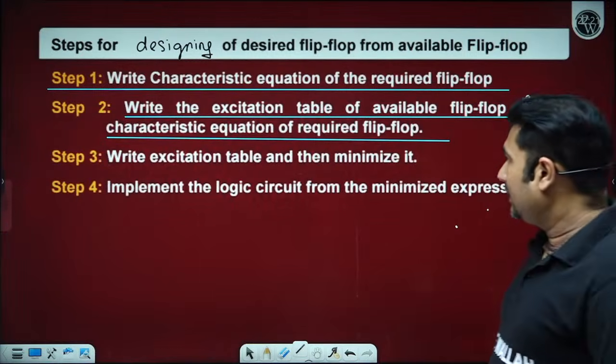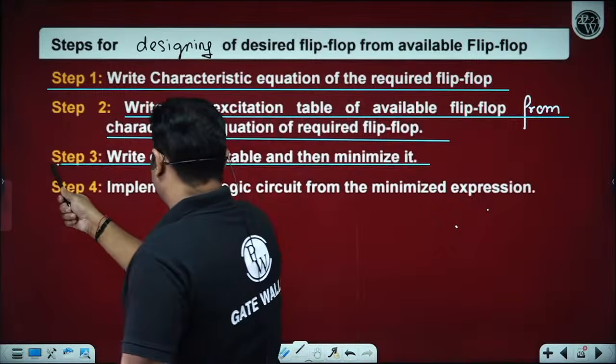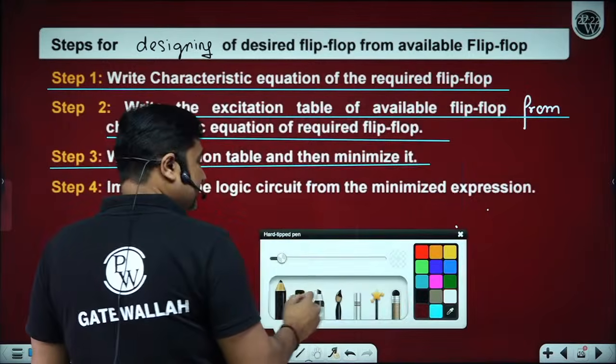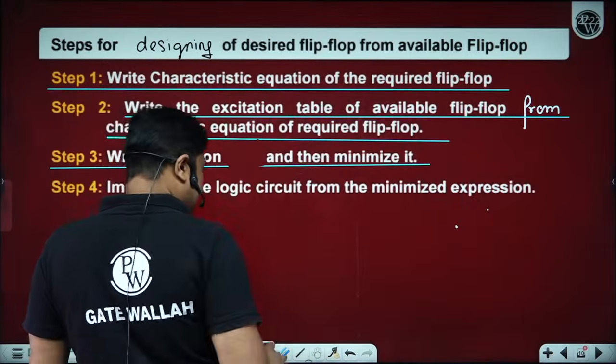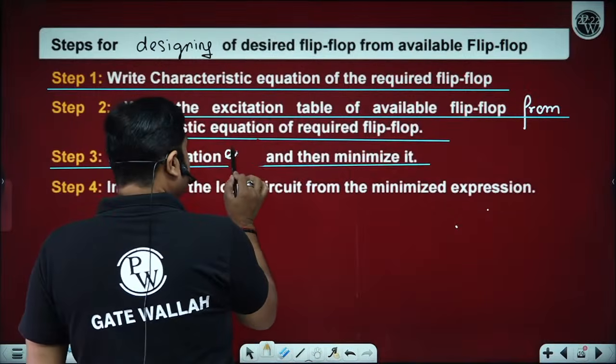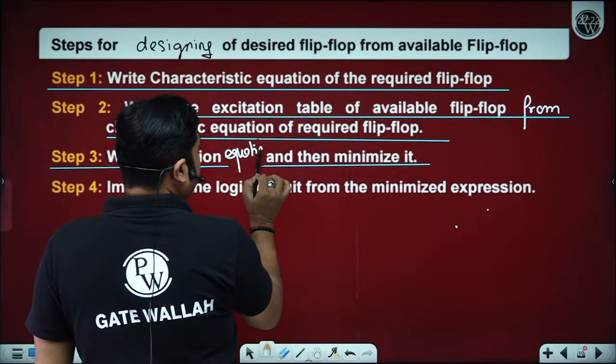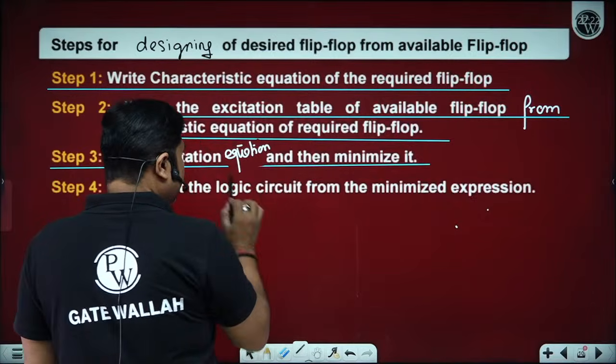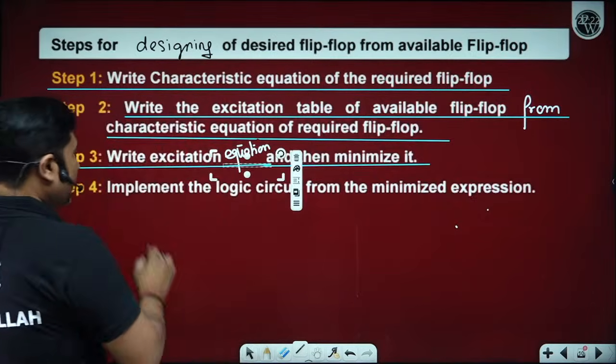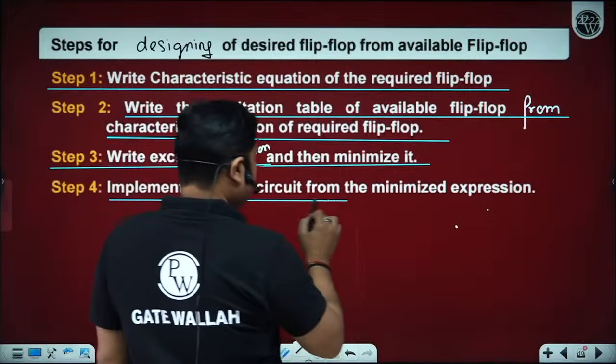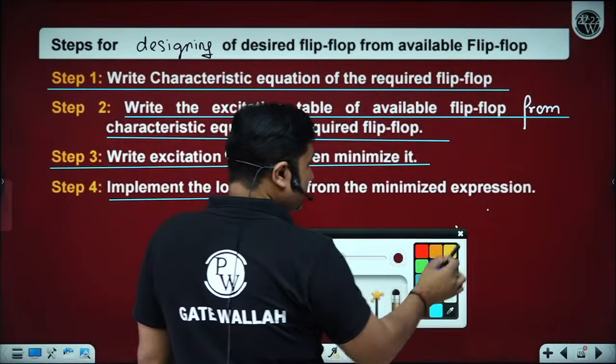Then write excitation equation and minimize it. Then implement the logic circuit. That's all you have to do.